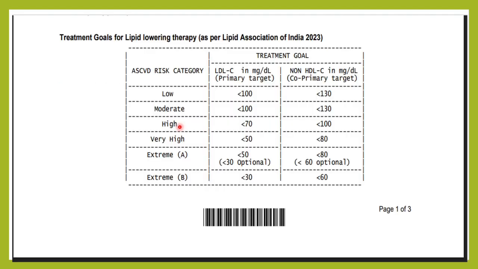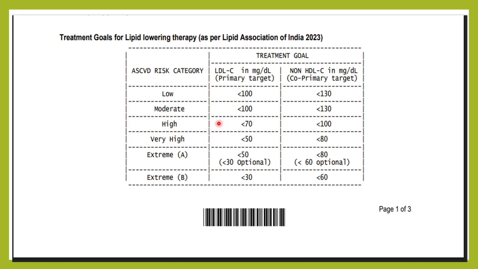And when we put these patients on treatment, in a low risk ASCVD patient, we expect that his LDL cholesterol is less than 100 milligram. If he is a moderate risk patient, we know that his chances of getting a heart attack in the next 10 years would be around 7.5 to 20.